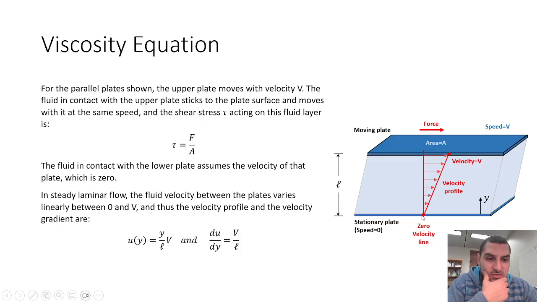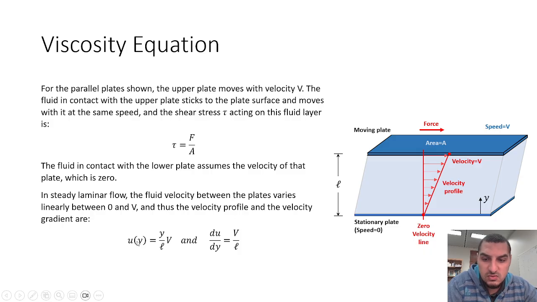Of course, the intercept is zero. There is no constant here because at y equals zero, velocity equals zero. So u will be equal to zero if y is zero. So v over L is the slope. You can just say that u over v is y over L. This is the slope of this line, which is du by dy.